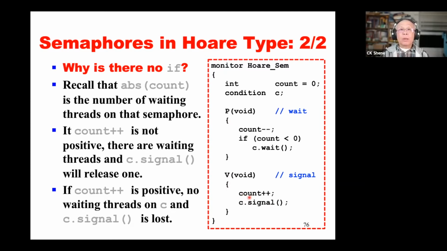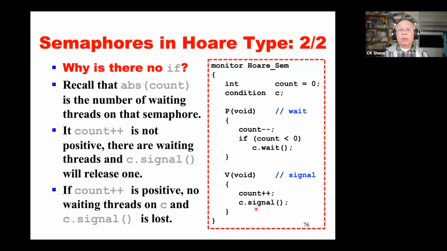After adding 1 to count, if the new value is less than or equal to 0, then we signal and one of them will go. Remember, the absolute value of count at this moment indicates how many threads are waiting on that semaphore. Now, if the new value of count is not less than or equal to 0, in the semaphore definition we do not signal.